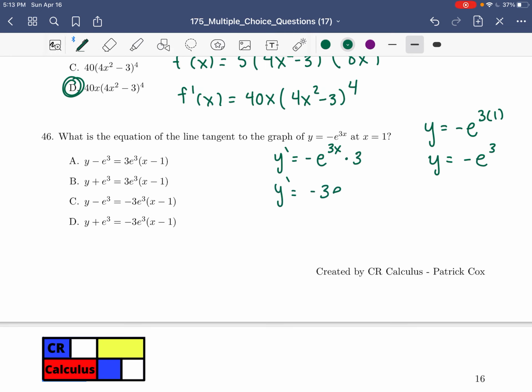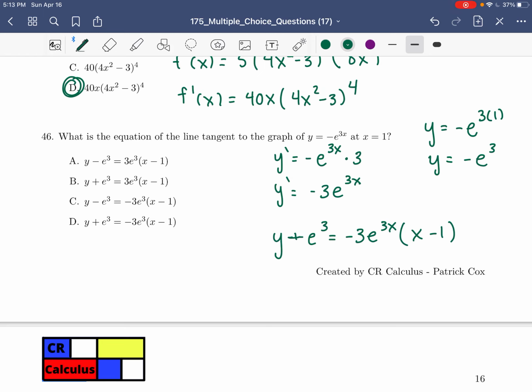So my slope is going to be negative 3e to the 3x. So then my equation of a tangent line, y minus negative e to the 3rd equals negative 3e to the 3x times x minus 1. And obviously this will become a plus.